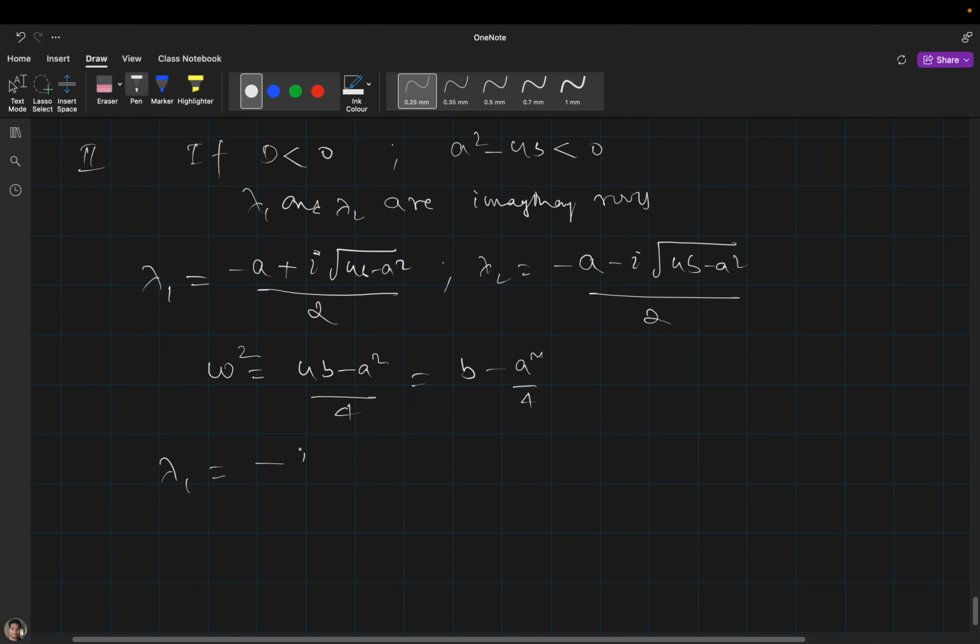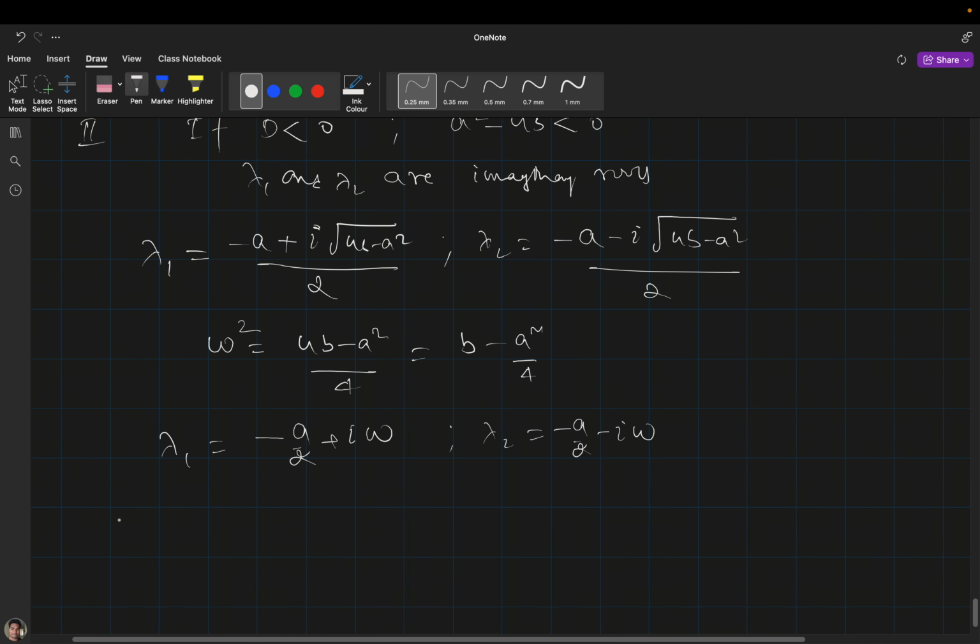Lambda 1 equals minus a by 2 plus i omega, and what will be the second root? That will be minus a by 2 minus i omega. Are you guys with me? Tell me. Yes, sir.